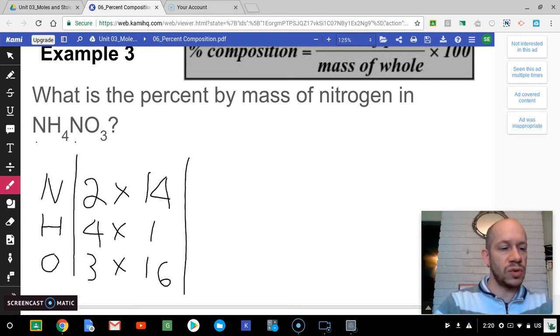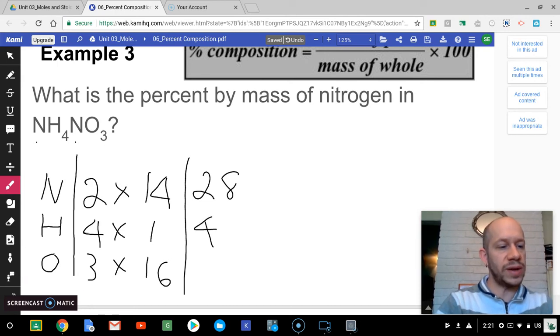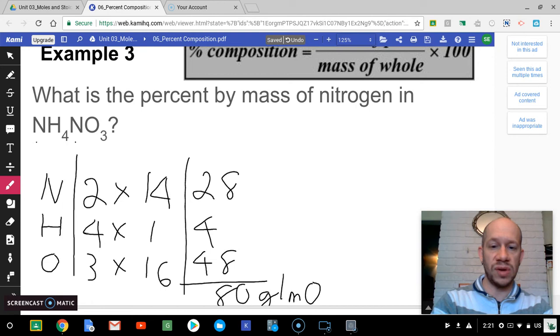So 2 times 14 gets me 28. 4 times 1 gets me 4, and 3 times 16 is equal to 48. I add those all together, and that gets me the GFM, the gram formula mass, 80 grams per mole of ammonium nitrate.